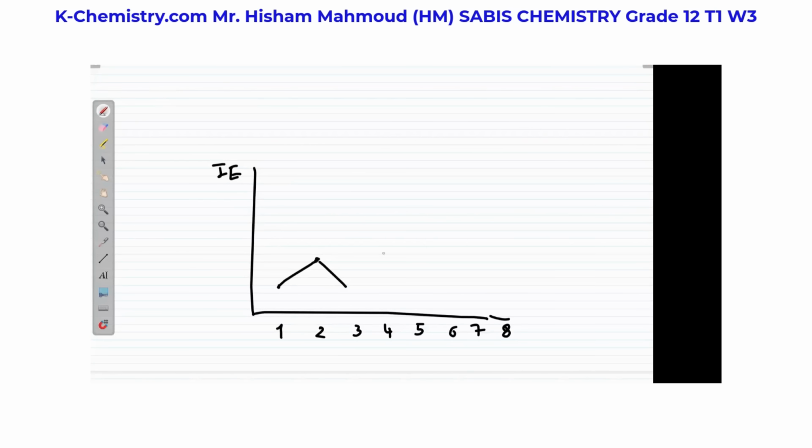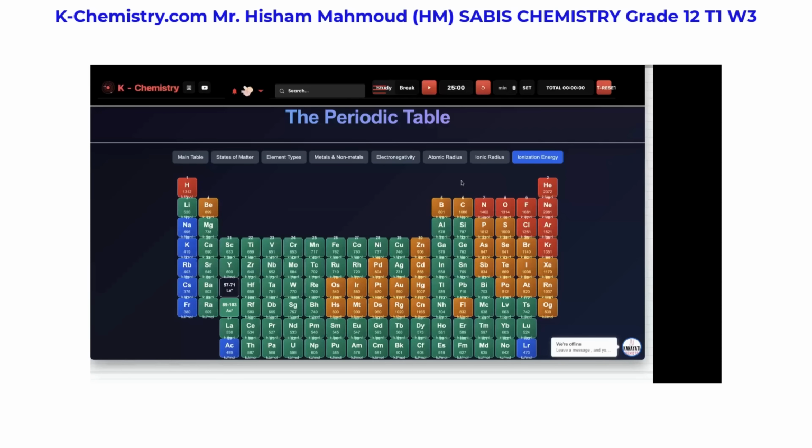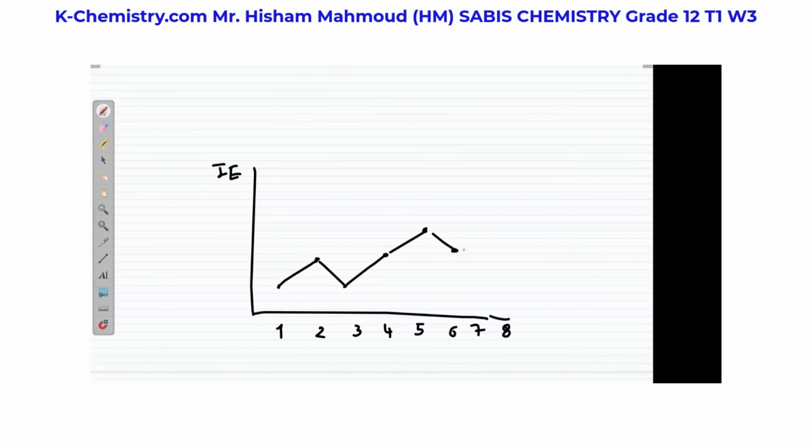And then 3 to 4 increases. Then 4 to 5, it increases. Then what happens from 5 to 6? From group 5 to 6, from nitrogen to oxygen, it drops. Then from 6 to 7 it increases, and 7 to 8 is increasing. So the general trend is that it is what? Increasing.